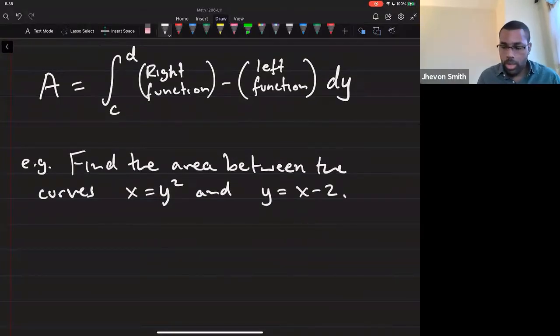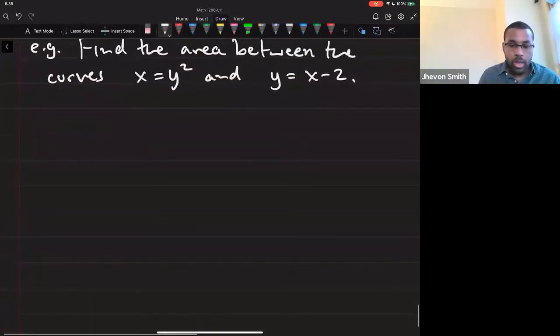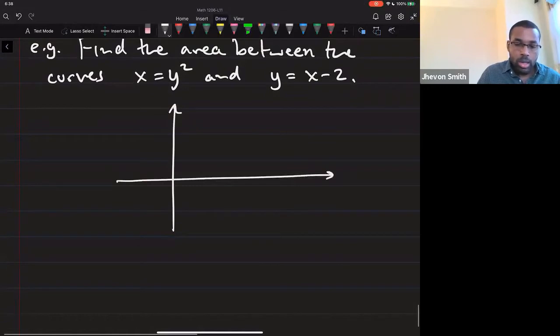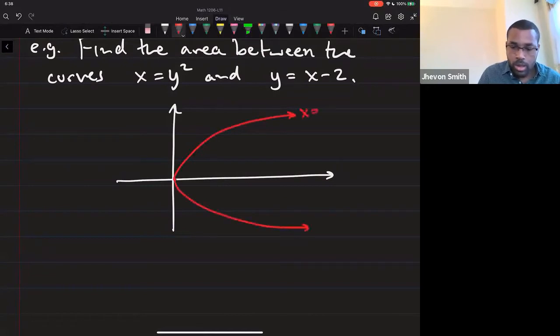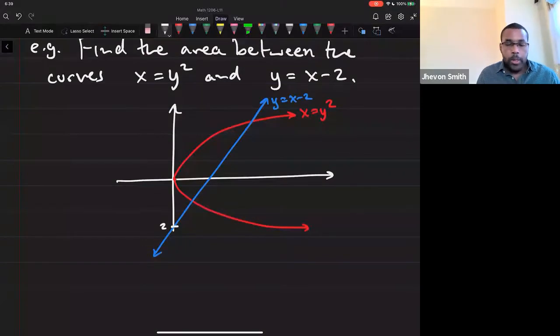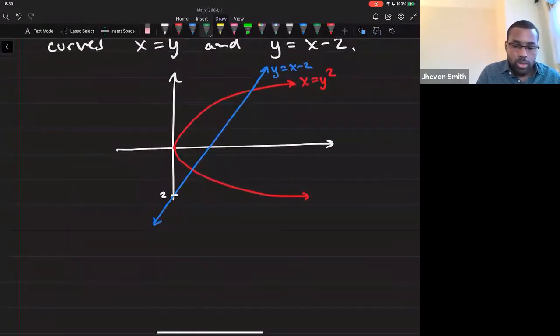Yeah, that should work, something like that. So you would get a picture similar to what I had here. X equals y squared is going to be this graph right here. And y equals x minus 2 is going to be this guy right here. This is going to be at 2. And I want to find this area.